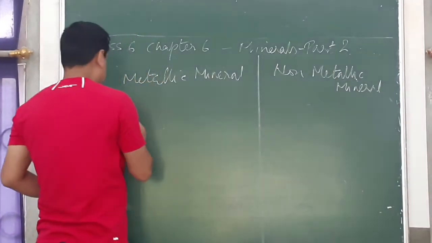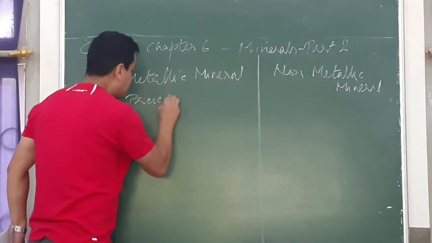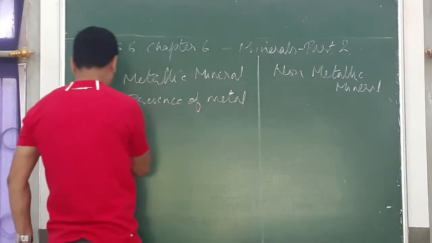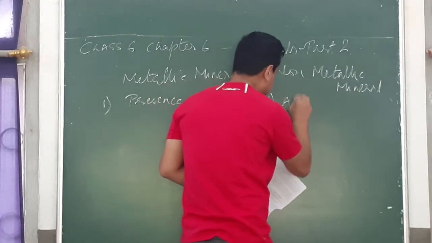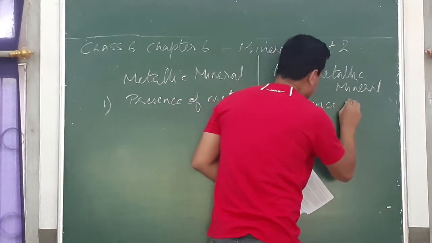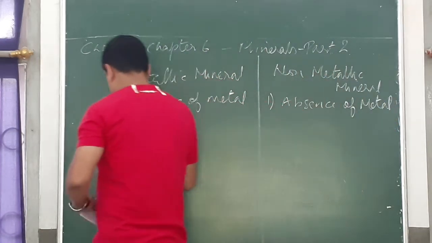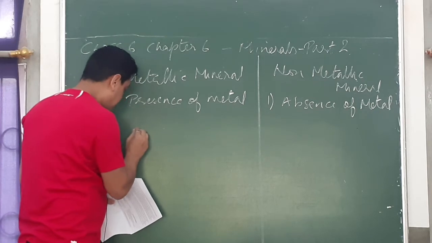Now, in the metallic minerals, you find presence of metal. The number one difference is presence of metal. But here, you have an absence of metal.